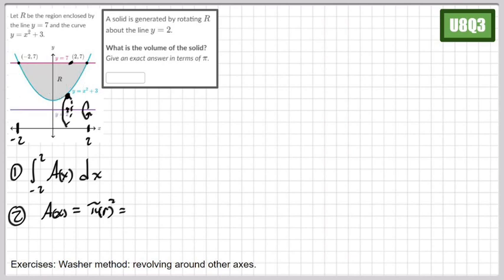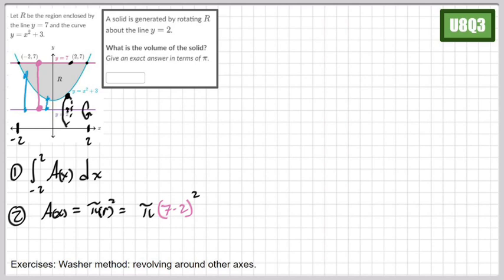So the first radius that goes from the axis of revolution all the way to the curve is going to be found by doing 7 minus 2. So 7 minus 2 is one of the radiuses, squared, times pi. And then the other one is the blue one. That's going to go from here to here, or from here to here. It doesn't matter which one you choose.